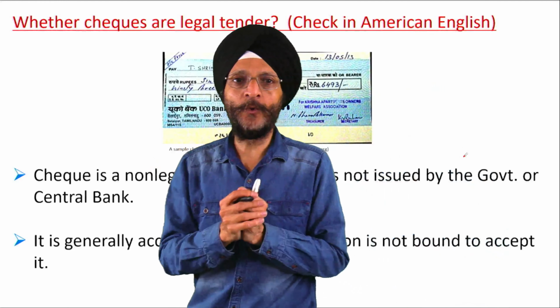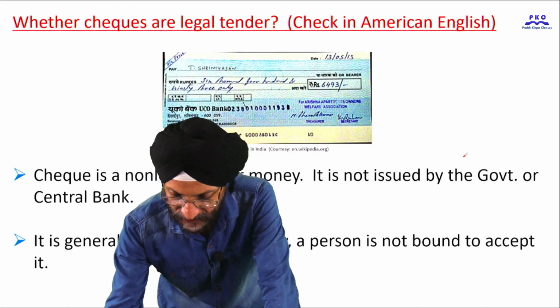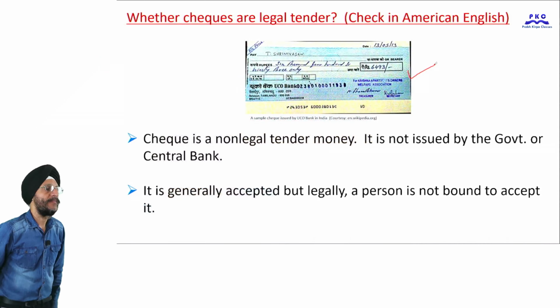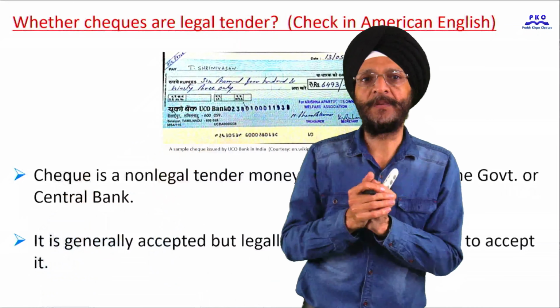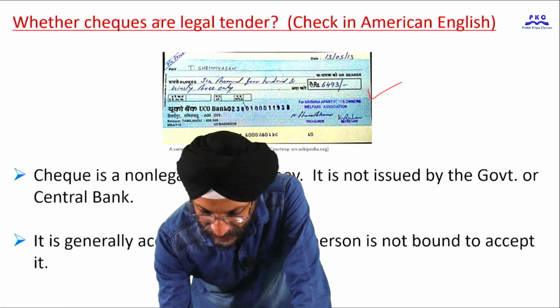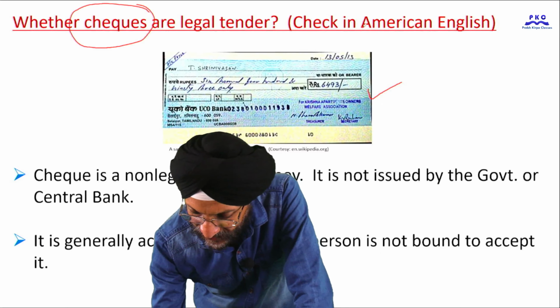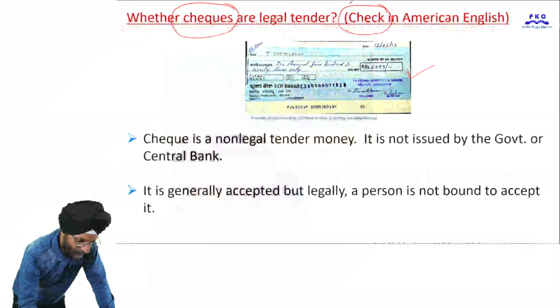Now we will read. You have before you one of the checks which has been issued by one organization to another person. Here you will also find the difference in the spelling of the word.